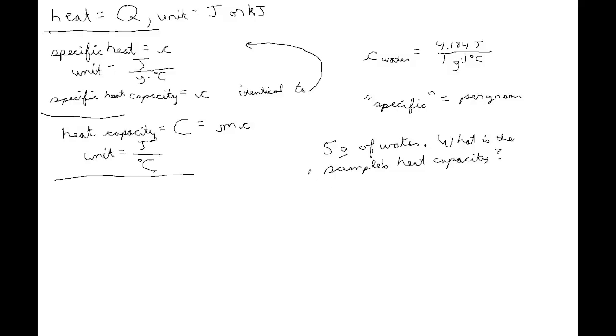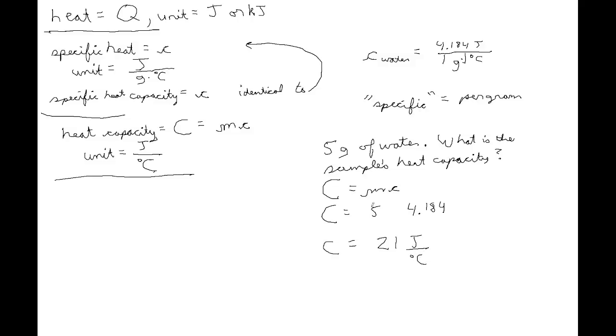So capital C is equal to lowercase c times m, where capital C is equal to 4.184 times 5 grams. That is equal to approximately 21 joules per degree Celsius.